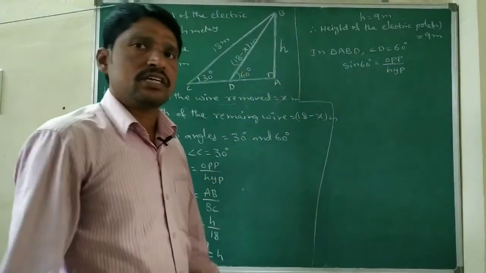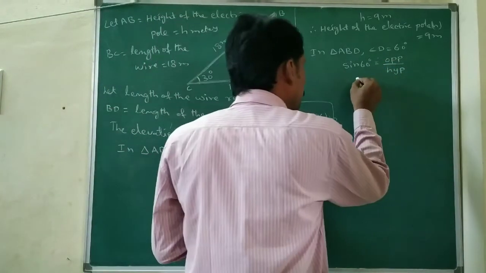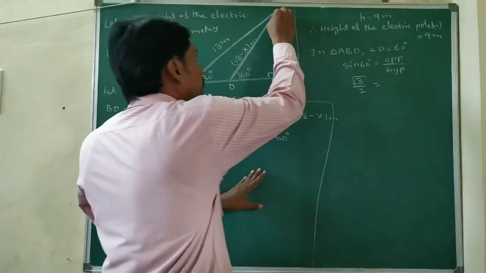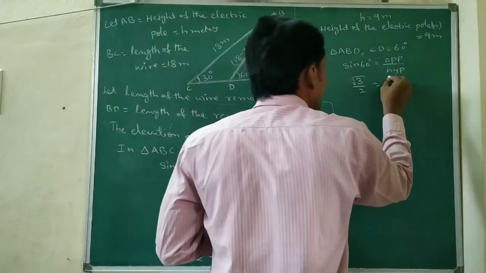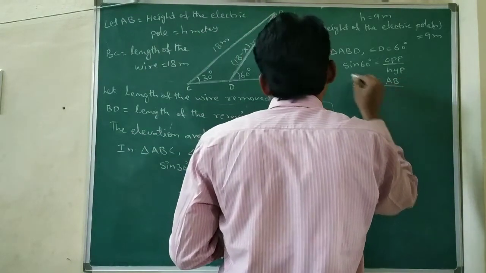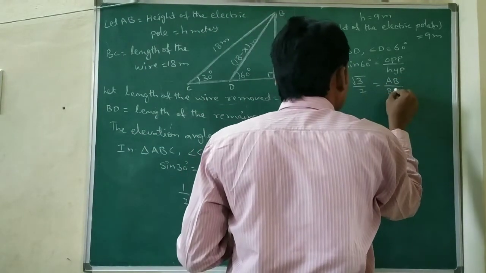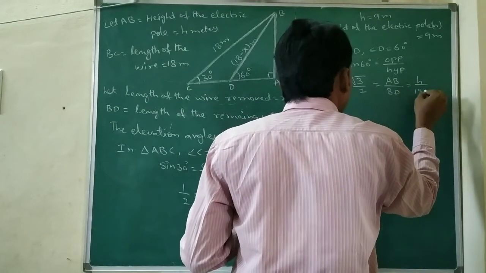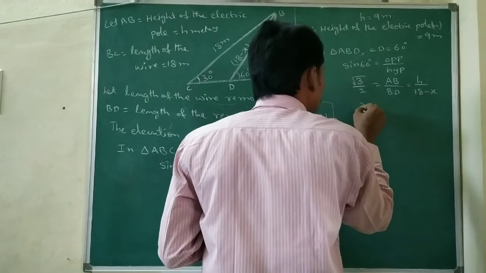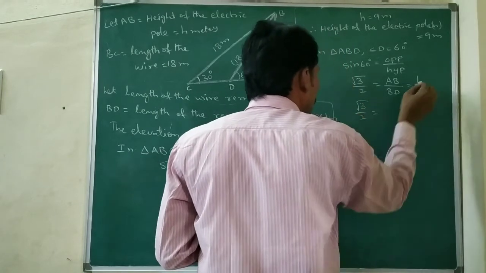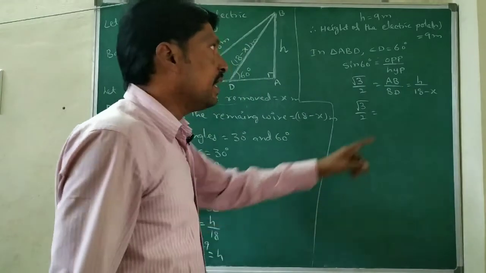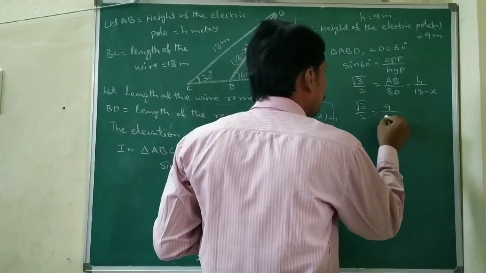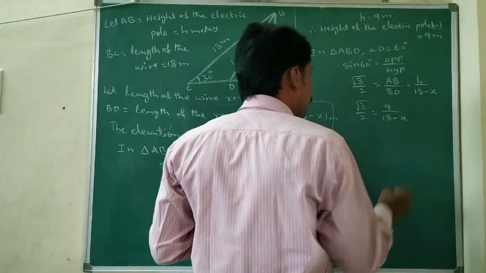The sine 60 value we know is root 3 by 2. Root 3 by 2 equals opposite AB by hypotenuse BD. AB value is H, BD value is 18 minus x. So root 3 by 2 equals 9 by 18 minus x.